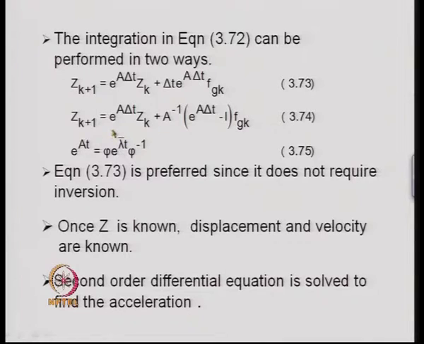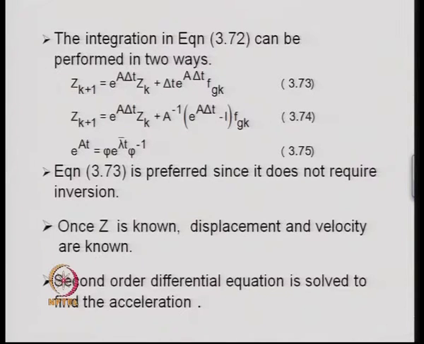Now, e to the power A delta t is difficult to obtain as such, because A is a matrix, but e to the power A t can be obtained in this particular fashion: phi multiplied by e to the power lambda bar t into phi inverse, where phi is the eigenvectors of matrix A and lambda bar is the eigenvalues of matrix A. And e to the power lambda bar t is in fact a diagonal matrix in which each diagonal is of the form e to the power lambda bar i into t, where lambda bar i is the ith eigenvalue.